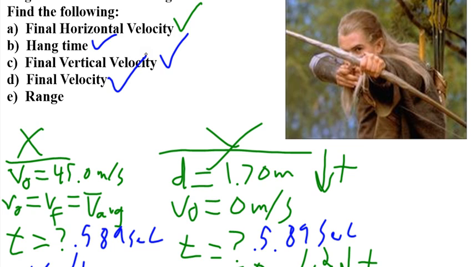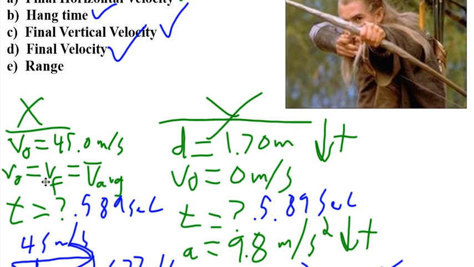The last one is the range. And what we need to keep in mind is, going back to the definition, the range is the horizontal displacement. And so we need to work in the x. And we know that our average velocity is 45.0 meters per second. We know our time. And so we can actually use one of our earliest equations, v is equal to d over t. This equation simply relates velocity with displacement and time. And we can plug in and rearrange it to get to our d.